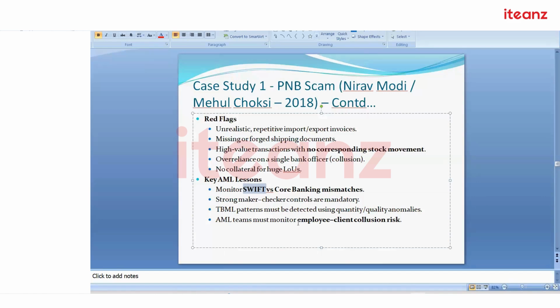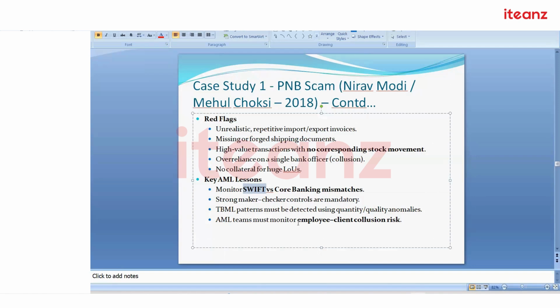So what they saw was that the SWIFT message has who the actual person is from whom things are done, who is the seller, who is the purchaser, from which bank to which bank. All those details are in the SWIFT messages.